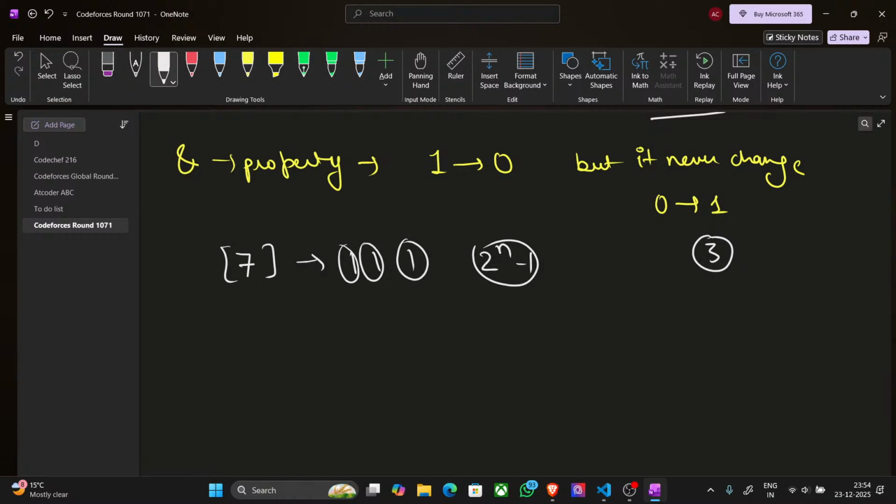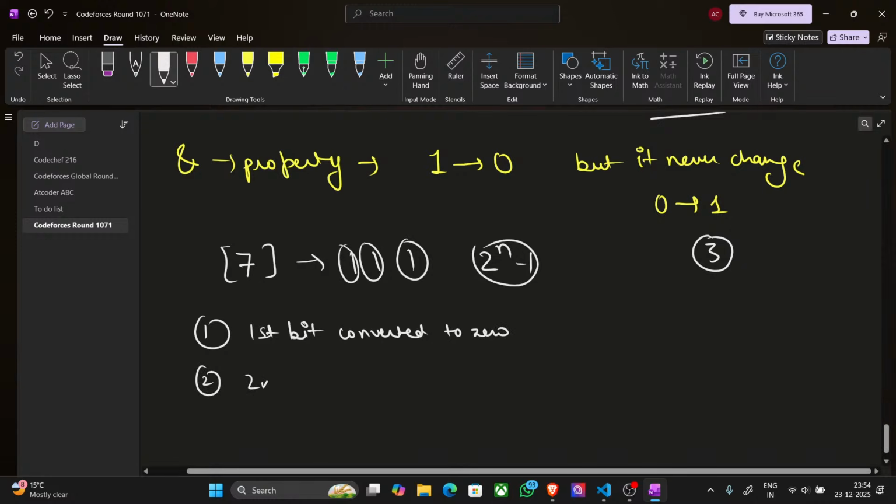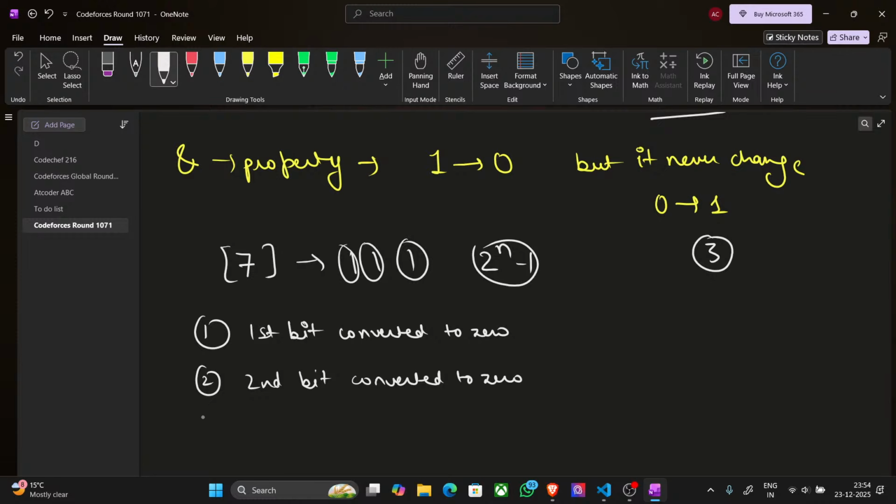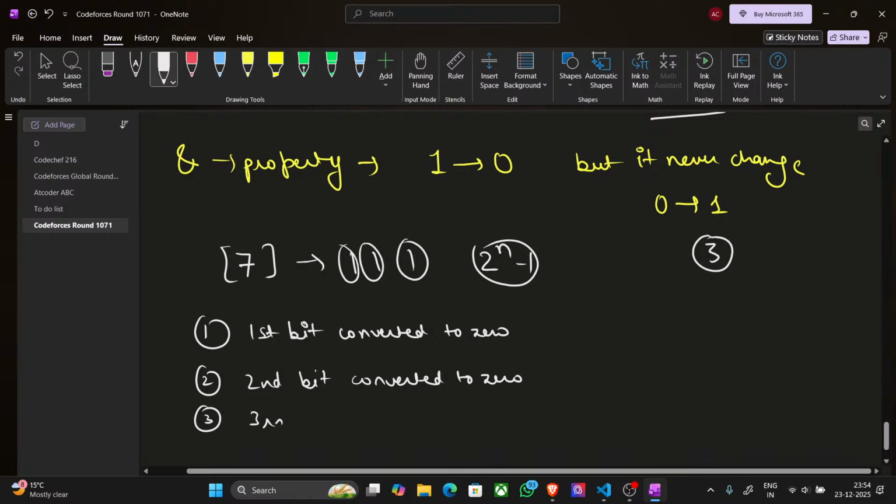At least one bit will be converted to 0 in this particular problem. So there can be 3 scenarios. The first scenario is the first bit is converted to 0. The second scenario is the second bit is converted to 0. The third scenario is the third bit is converted to 0.